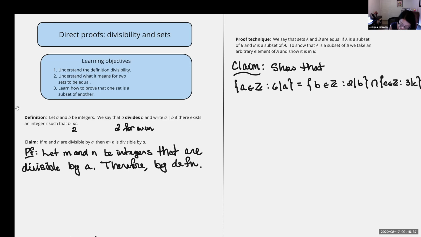Therefore, by definition, there exist integers, and I have to give them different names now, maybe k and l, and I have to name them and tell you where they live. Okay, they live in the integers.